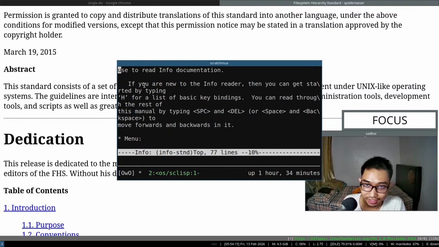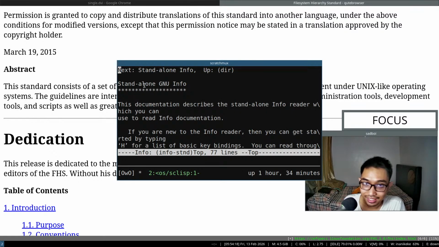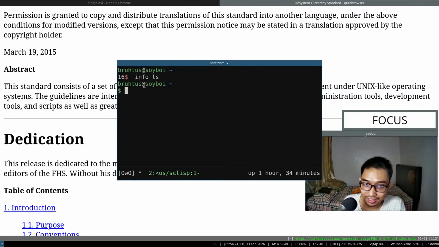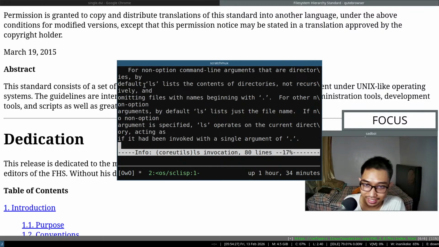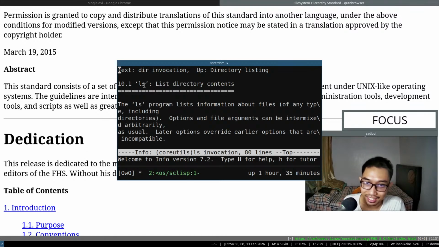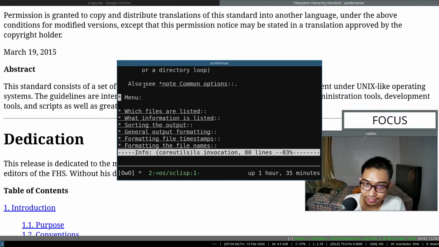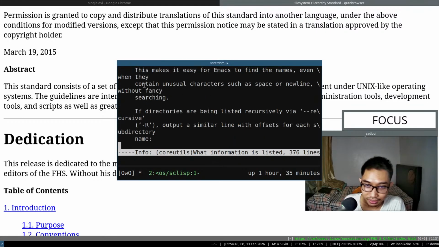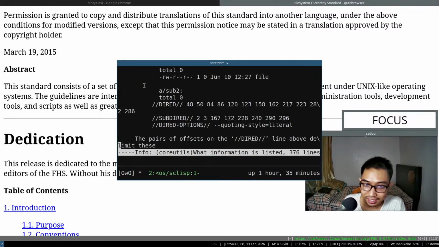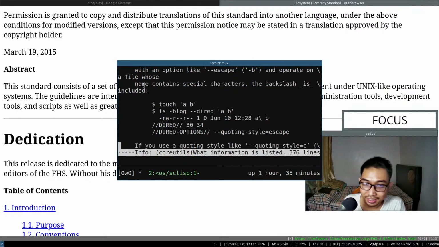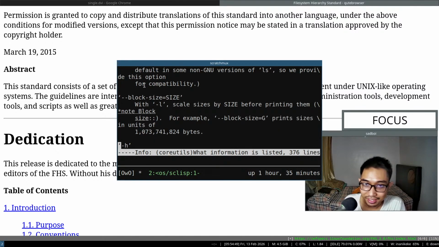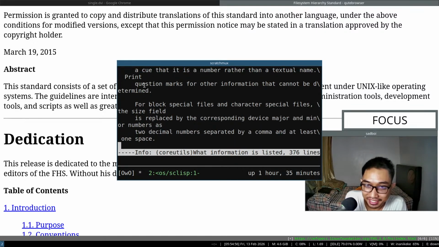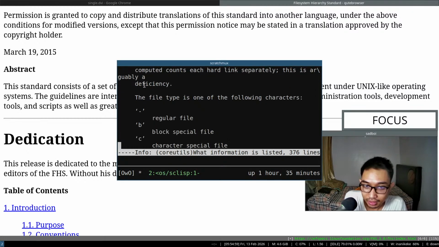I don't know how to navigate this. We didn't use Vim motions here, so I'm kind of struggling. Okay, this one.